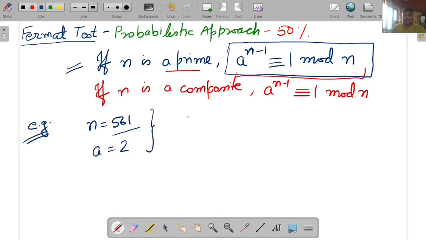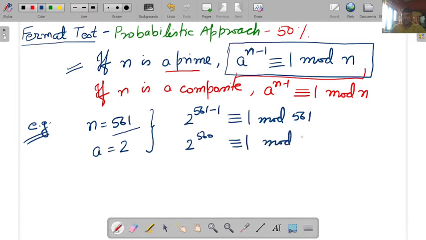So if it is prime, this should be satisfied. Here 2 to the power 561 minus 1 is congruent to 1 mod 561, so 2 to the power 560 is congruent to 1 mod 561. Congruence means either we take this side mod or that side mod, both results should be the same.